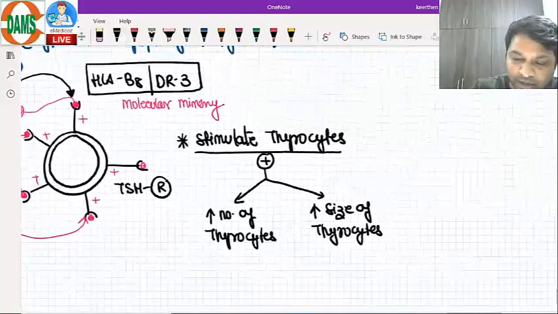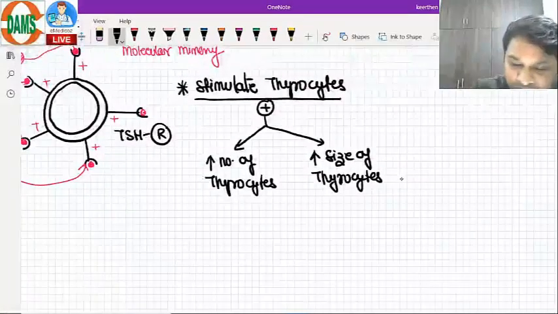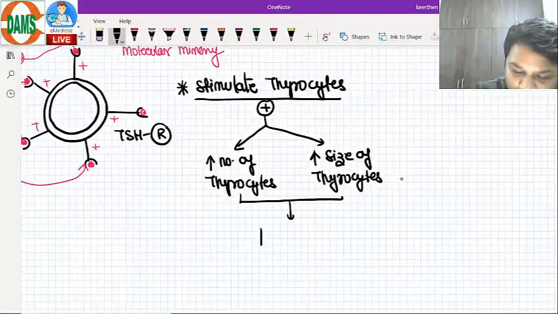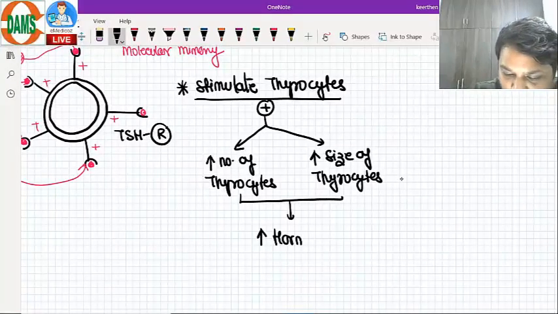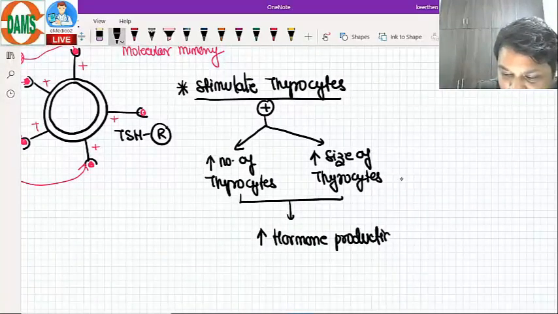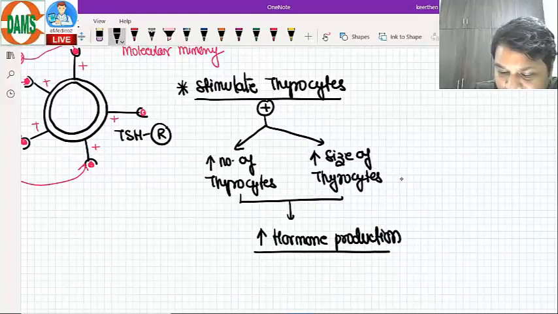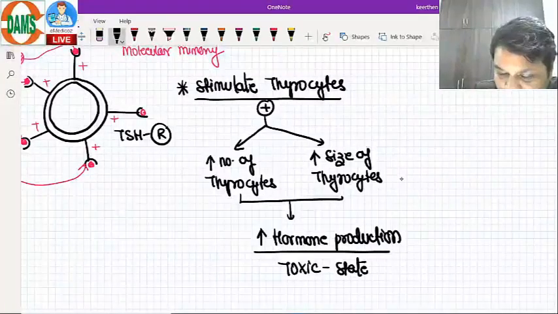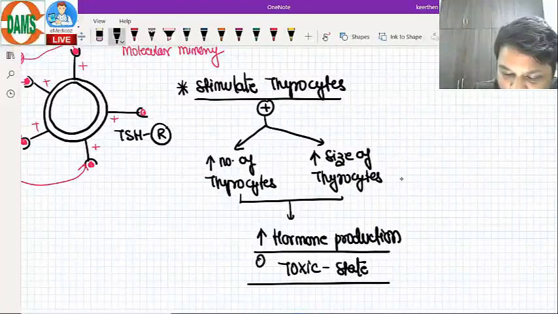Because there is an increase in number and size of the thyrocytes, it will cause an increase in hormone production. This increase in hormone production will result in a toxic state.